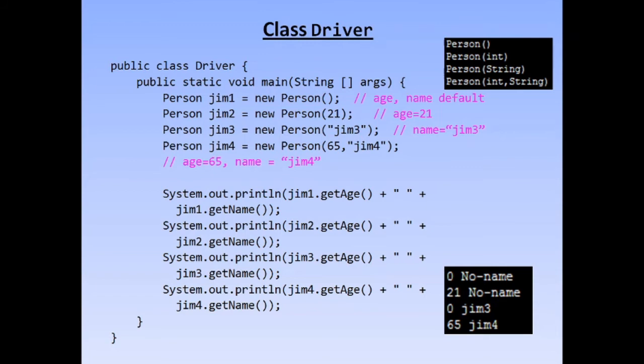Now as you can see, our driver class has been shown over here: public static void main string args. Now there are 4 objects created of the person class, and all these 4 constructors are different.